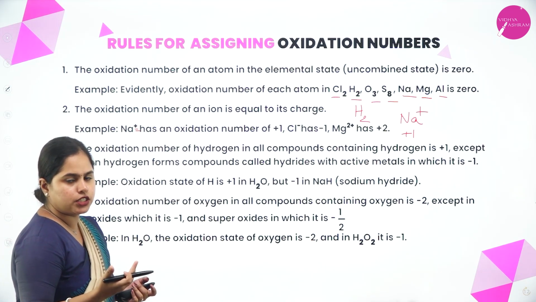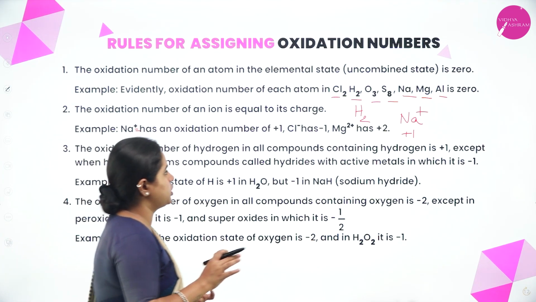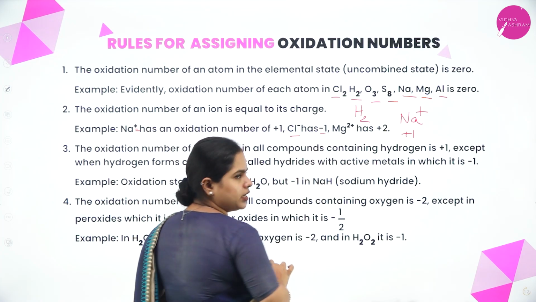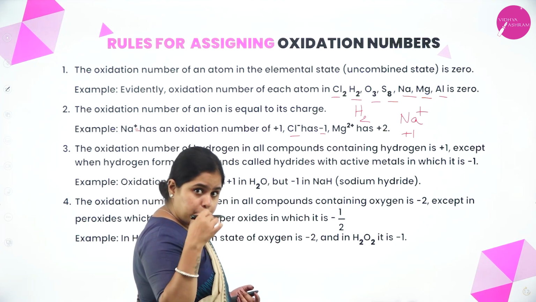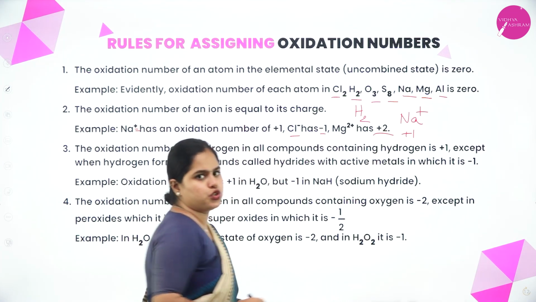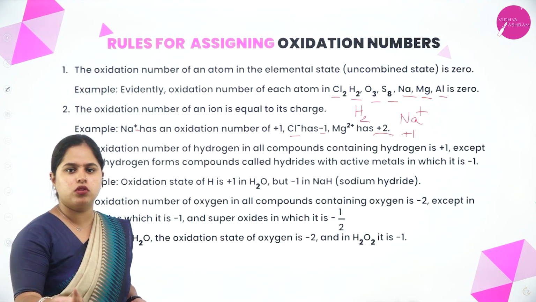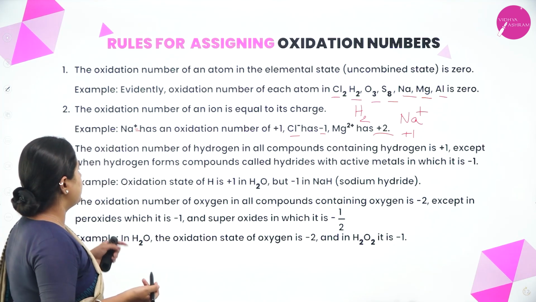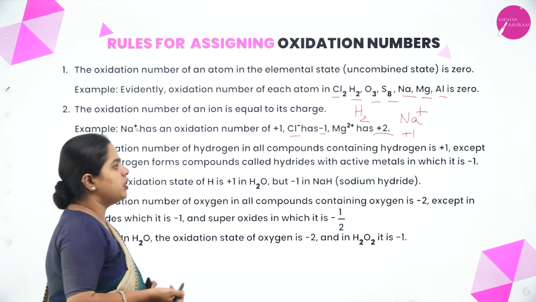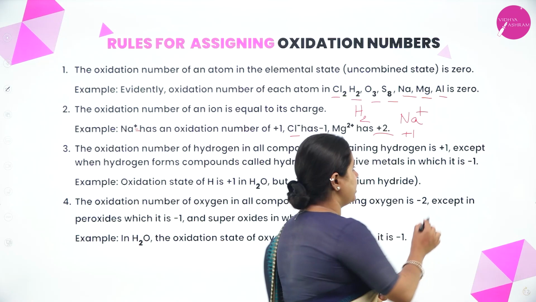Whatever the charge is, that will be equal to the oxidation number. For Cl- it will be -1. For Mg2+, it will be +2. So in the case of ions, the oxidation number will be exactly equal to the charge on the ion. Next one: the oxidation number of hydrogen in all compounds containing hydrogen is +1.